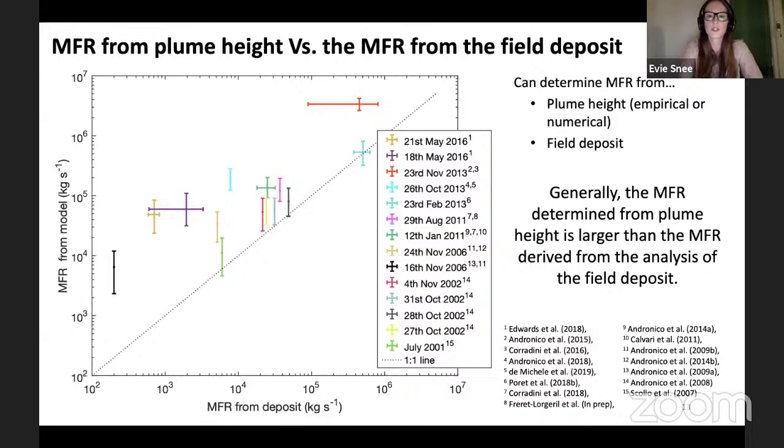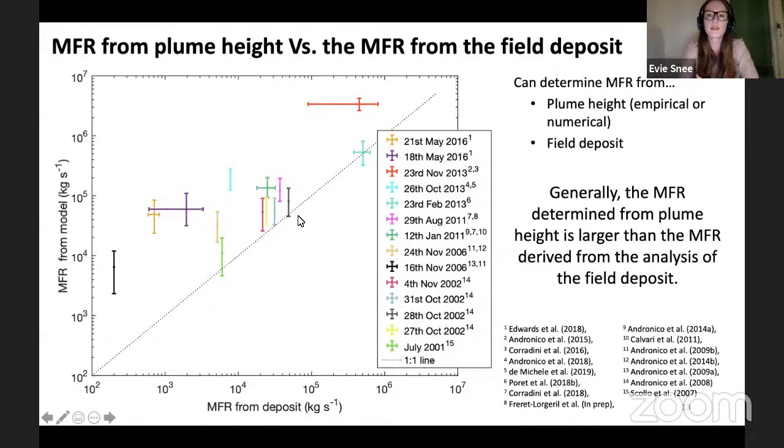We've got these values from the literature for a number of eruptions at Mount Etna, Italy, for the plumes that are coupled with lava fountains. We have plotted these values against the mass flow rate derived from plume height using the standard integral plume model. This was once again done by the Monte Carlo approach to determine the best mass flow rate matched with the observations of the plume height. We've also plotted this dashed line, which is the one-to-one line, just to make it easier to compare.